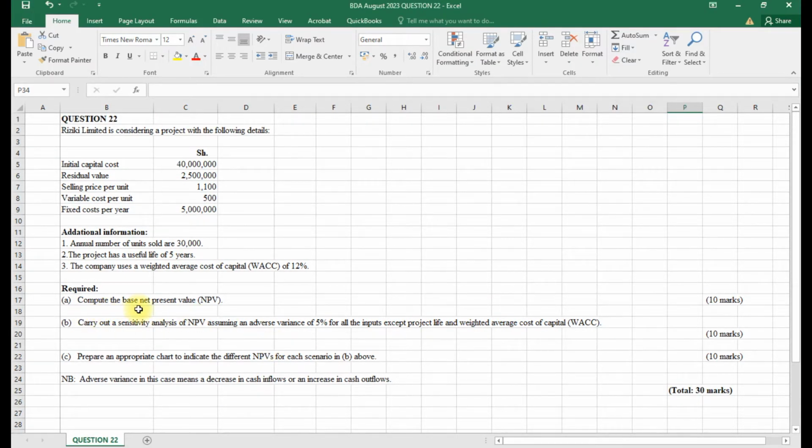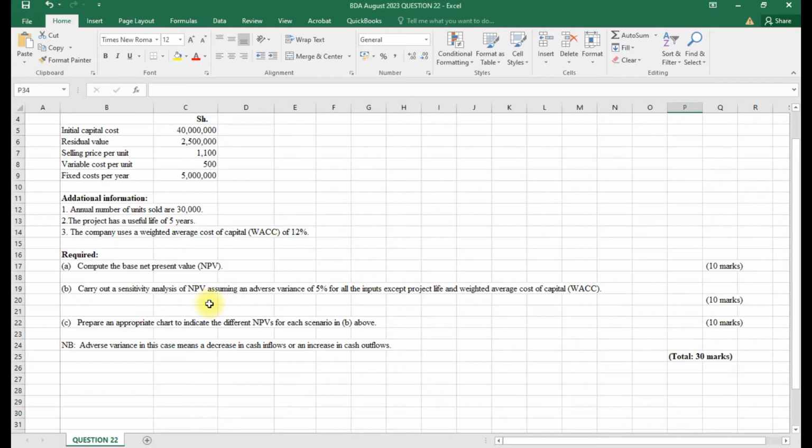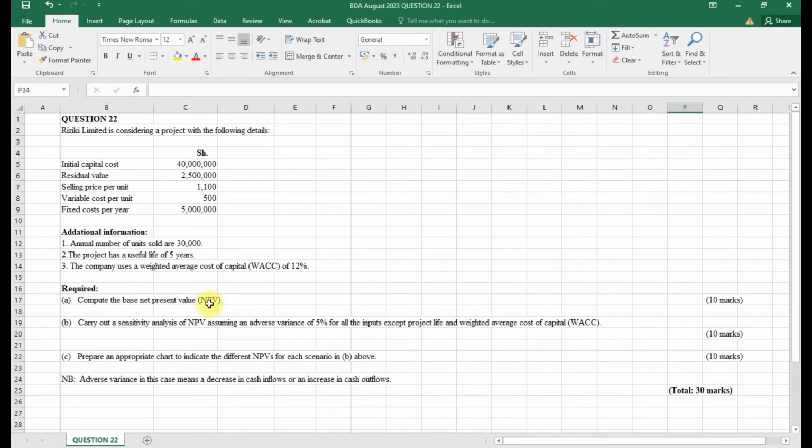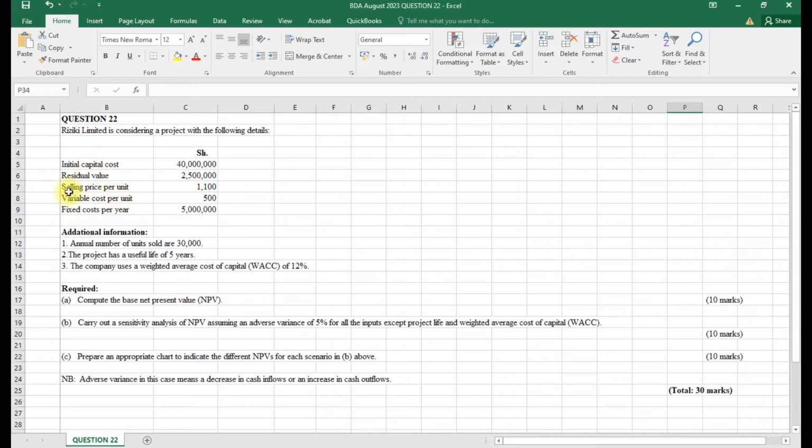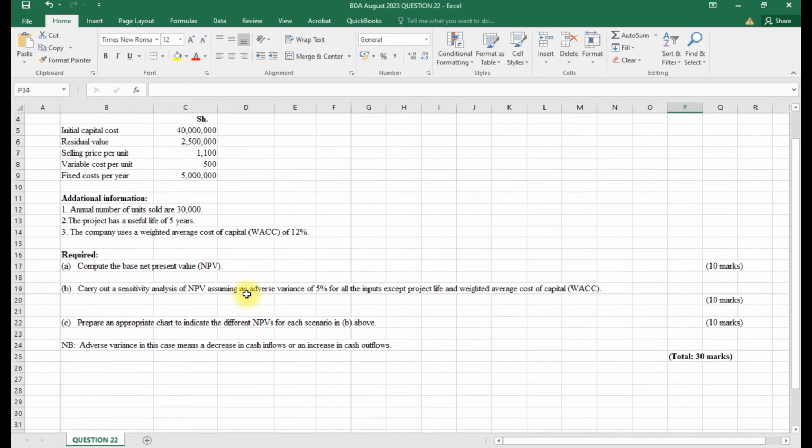We need to compute the base case NPV, and when calculating our base case NPV, we have these variables: the initial cost, the residual value, and the selling price. The project is 5 years, so we are calculating for 5 good years.